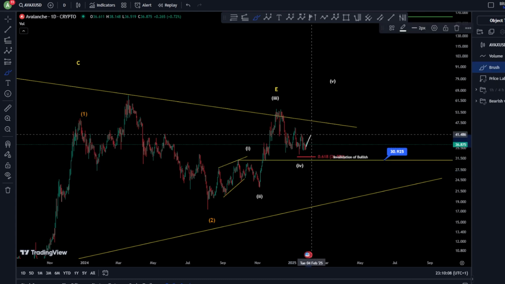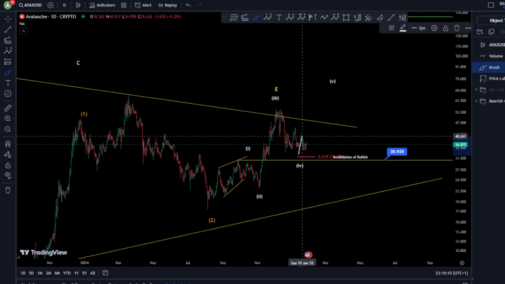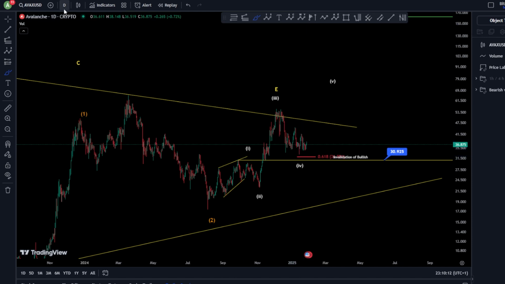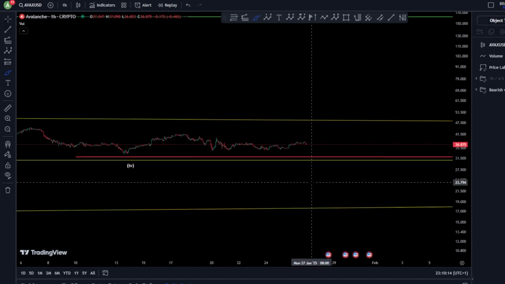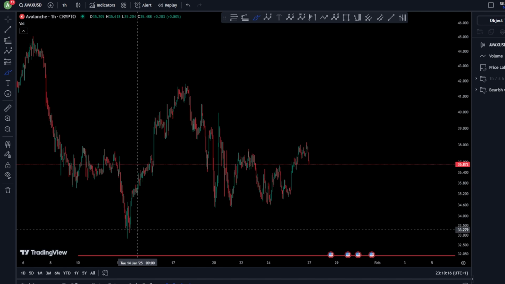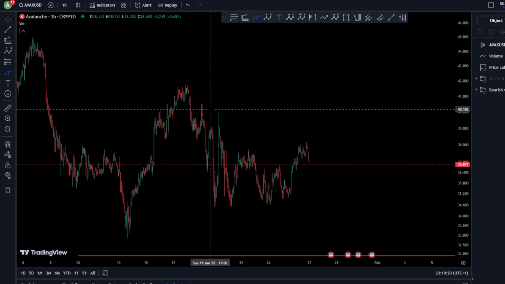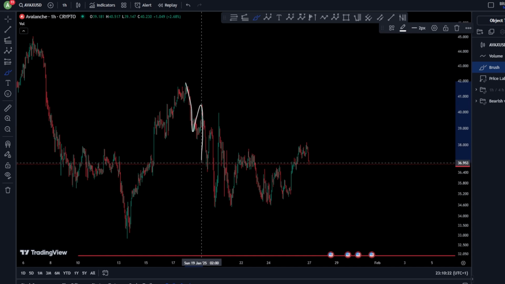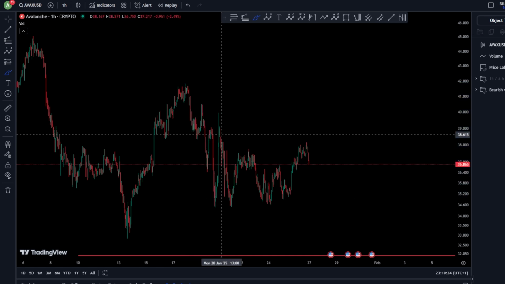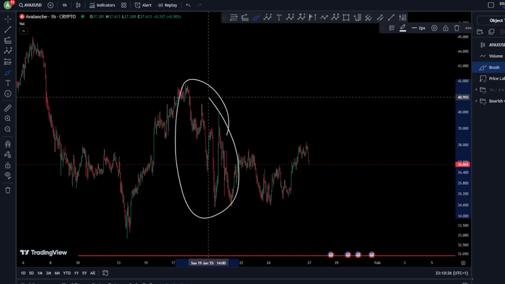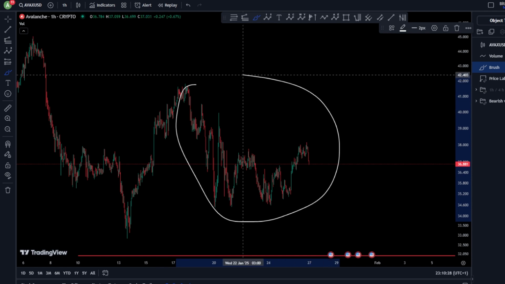If we keep moving from here, 5 waves up, we already have kind of an impulse here. If we go a little bit smaller, we can see that we have 1, 2, 3, 4, and a 5, an impulse already to the upside. This looks like very choppy, overlapping waves, very corrective still, nothing impulsive in this area.